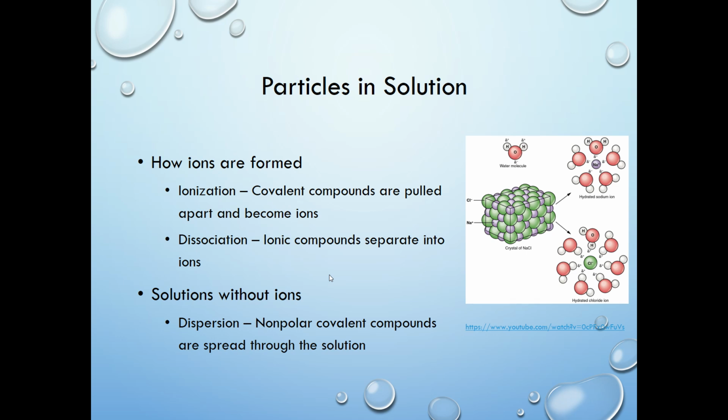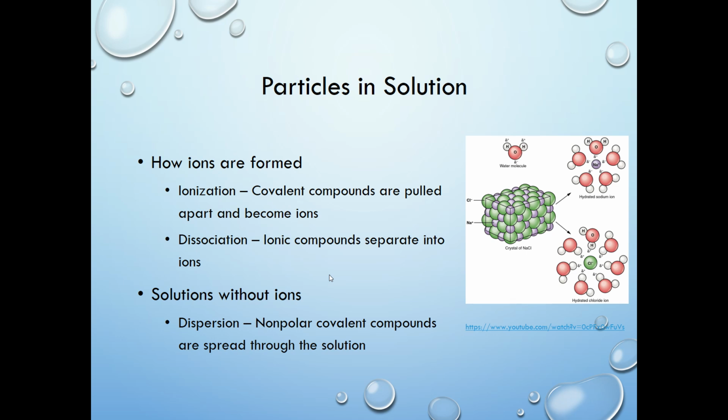It's a material that is not ionic, but when dissolved, does form into ions. So, covalent compounds are pulled apart to become ions. And typically, this is a highly exothermic reaction. In dissociation, ionic compounds separate into their individual ions.